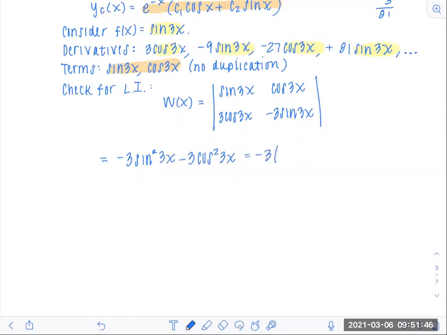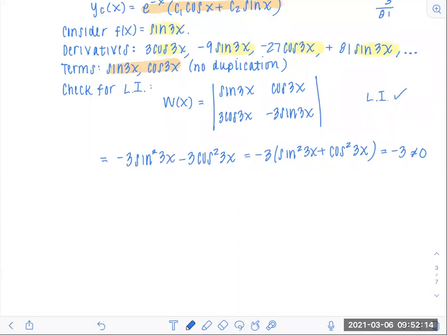If I factor a negative 3 out, I have sine squared 3x plus cosine squared 3x. And sine squared plus cosine squared is 1. So this entire Wronskian equals negative 3, which most certainly is not equal to 0. So we have concluded that these terms are linearly independent. So we have met all of the hypotheses to apply Rule 1.